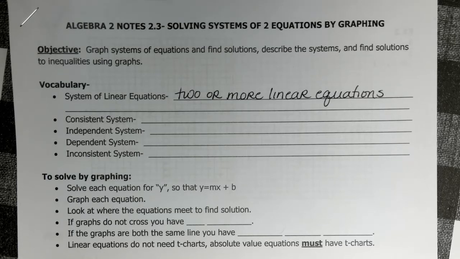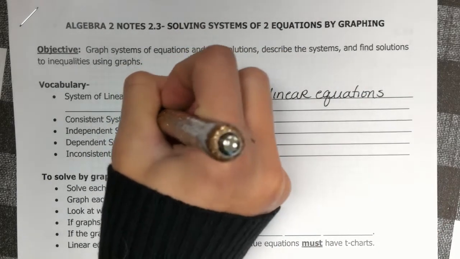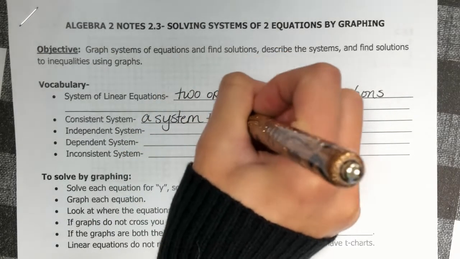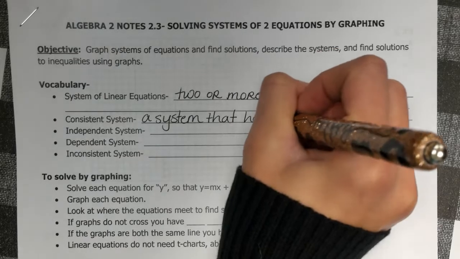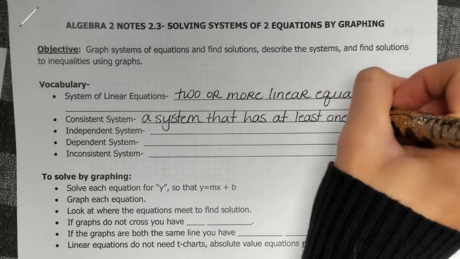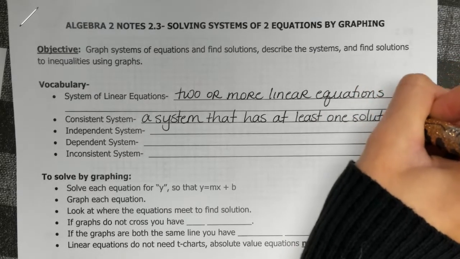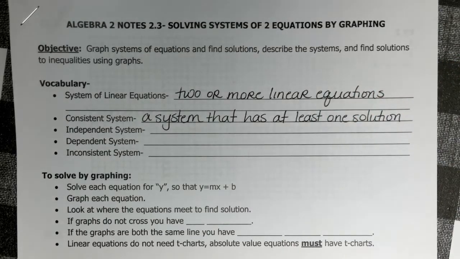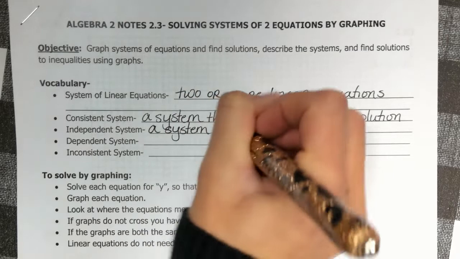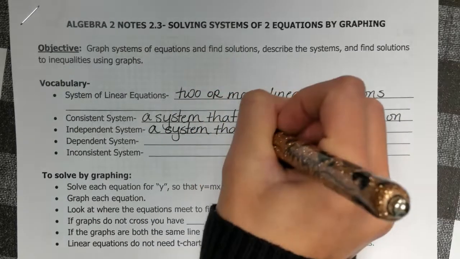A consistent system is a system that has at least one solution. Okay, now an independent system is a system that has exactly one solution.